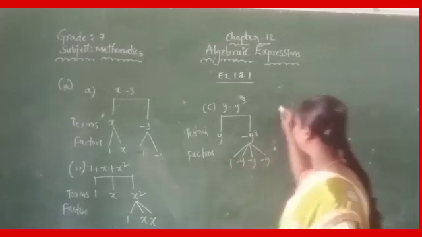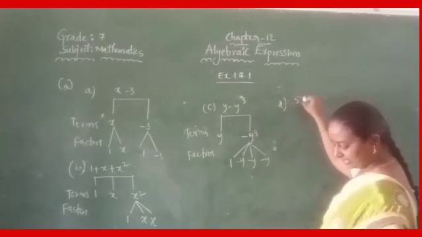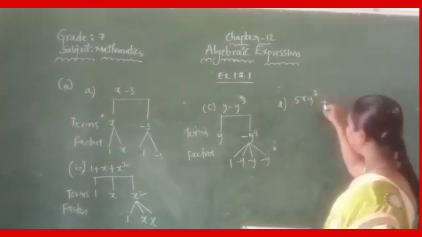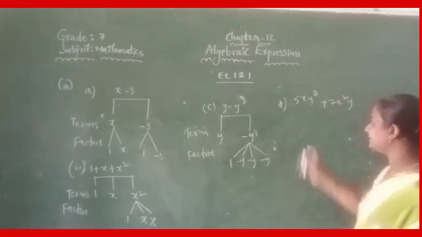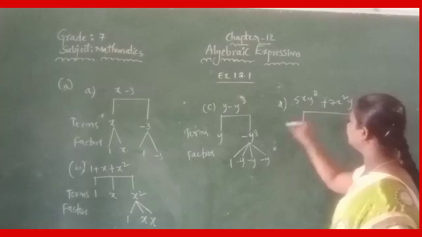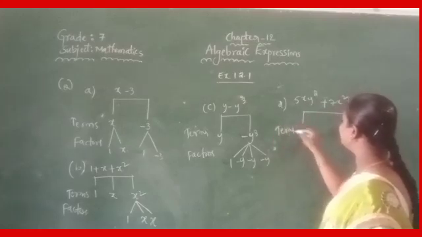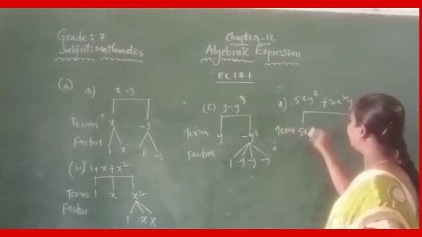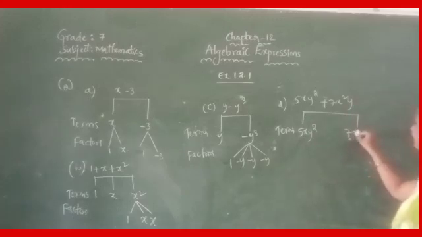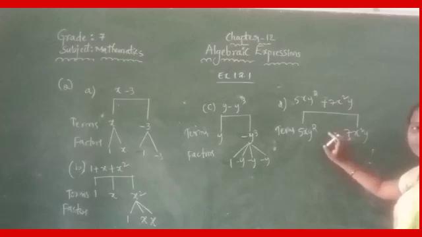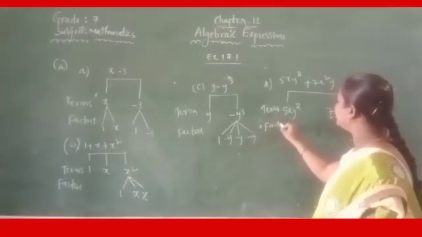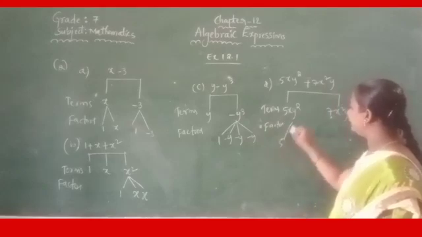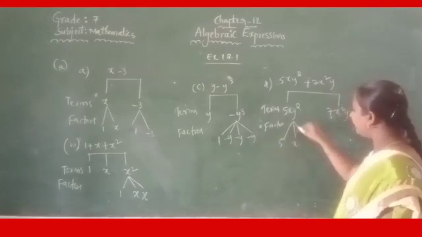And the fourth one, 5xy square plus 7x square y. First write the terms. How many terms does this expression contain? Two terms. One is 5xy square and the second one is 7x square y. This is a tree diagram. Okay. Factors. So tell me the factors. The factors are 5, x, y square.